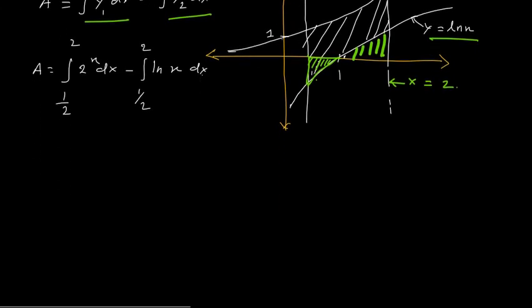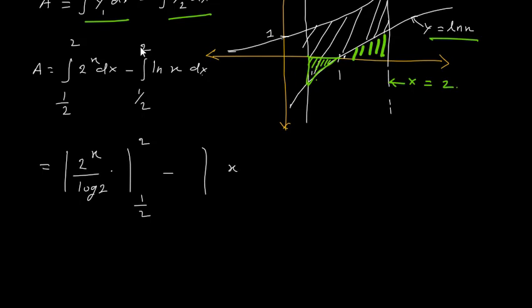Now the integration of 2 power x is 2 power x upon log 2, with the limit half to 2, minus, for ln x, it is x ln x minus x, limit half to 2.